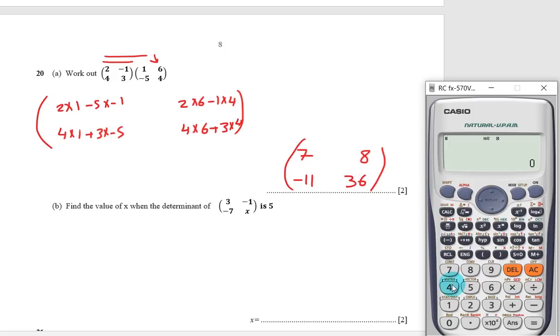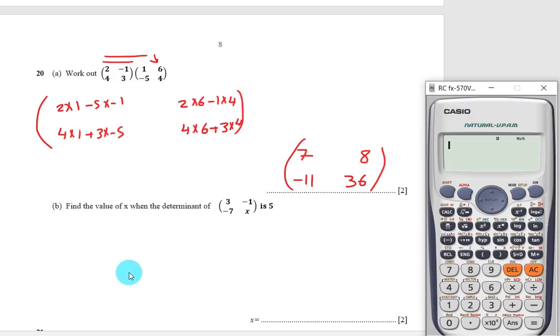Now shift 4 for matrix. Matrix A, then shift 4 again, Matrix B, so equal: 7, 8, minus 11, 36. So our answer is right. Okay.